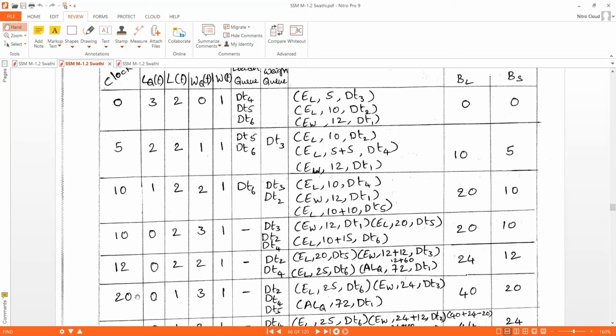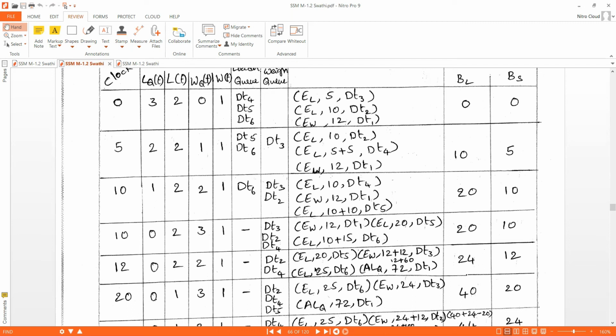Now we need to advance the clock. So how do we advance the clock? By seeing this future event list. In this future event list, whichever event has the least time value, depending on that event, we'll advance the clock. Here we have four events.